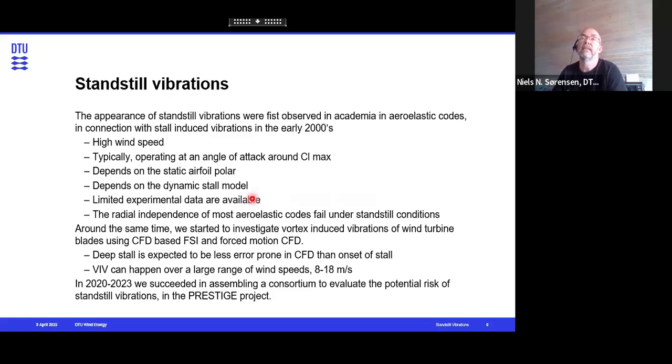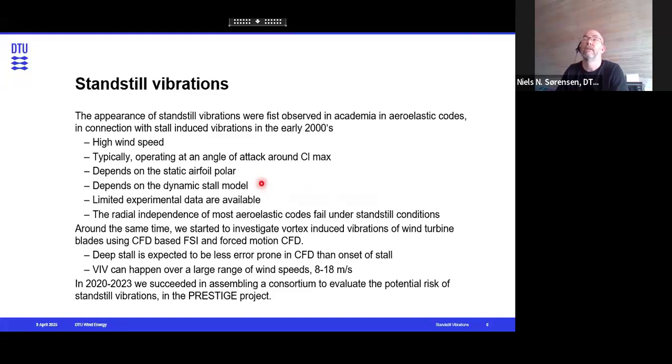It was typically experienced when you had high wind speeds, operating at angles of attack around CLmax or above. And it showed in the aeroelastic codes that it depended heavily on the static airfoil polars.